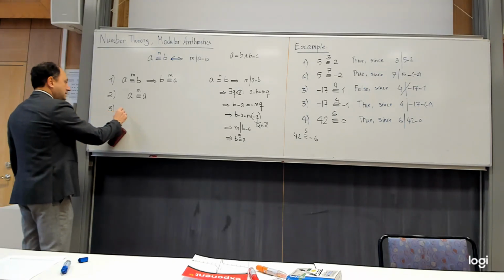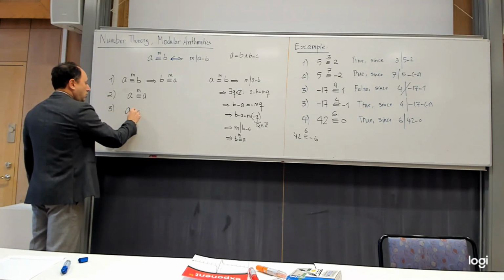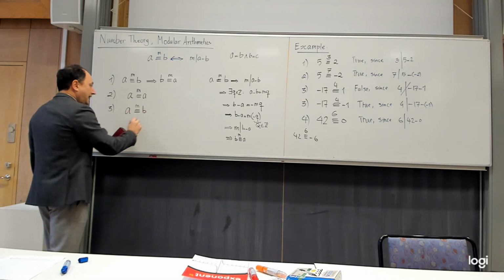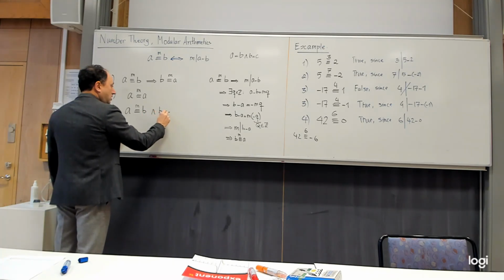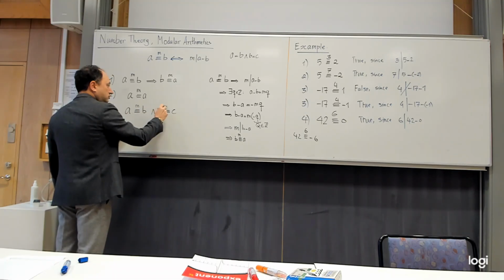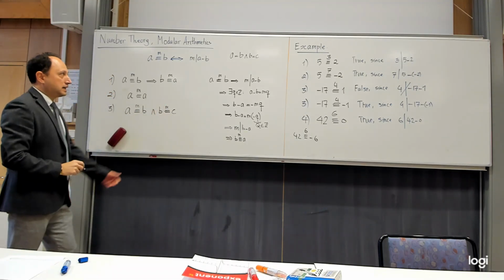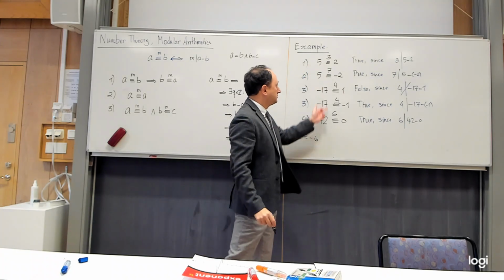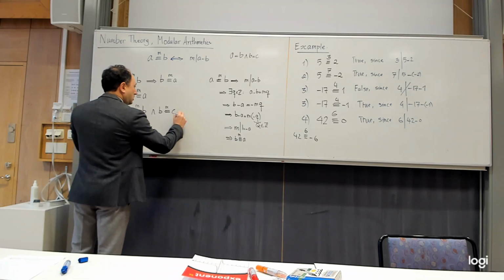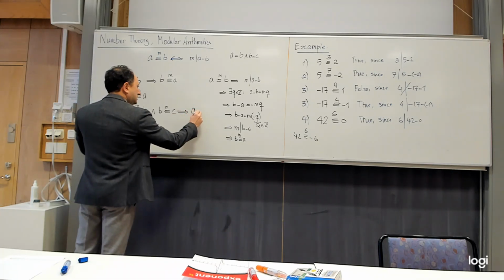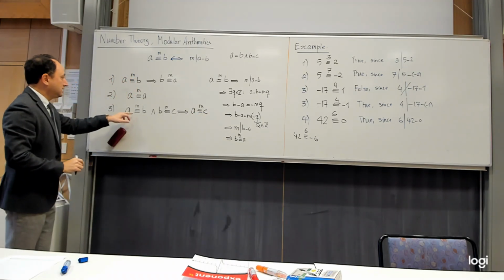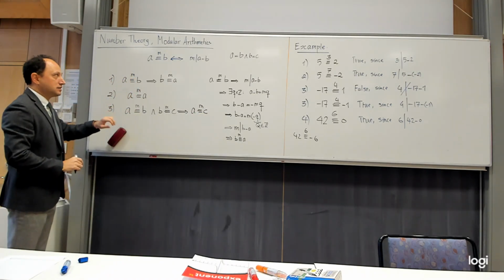So what I'm saying is, do you think that if A is congruent to B modulo M and B itself is congruent to some number C in the same module, of course, you see, I can have different modules here, but then I can conclude that A is congruent to C modulo M. If this is true, then it means that this relation is also transitive.